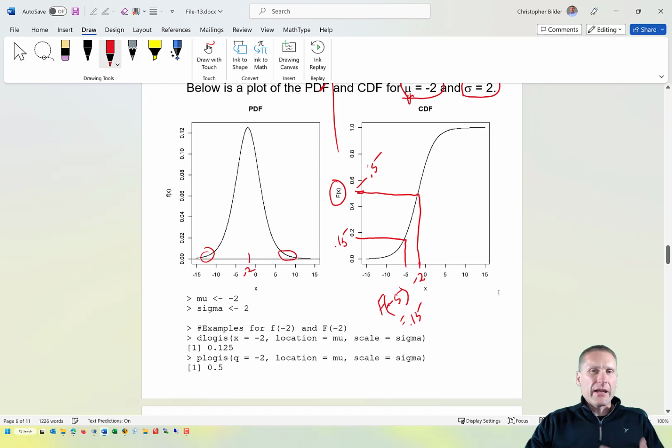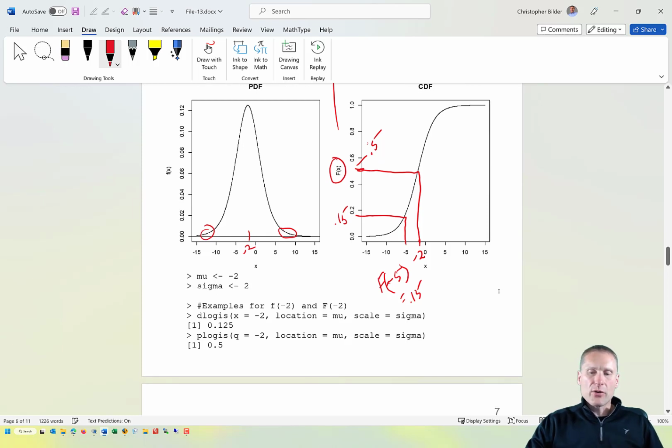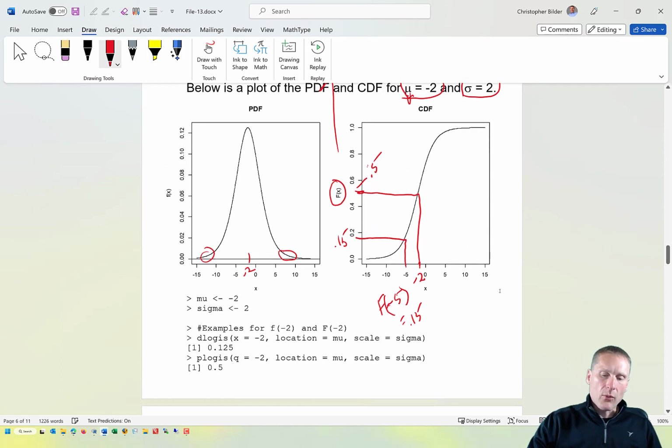Now, you can look at my code on your own. I'm not going to expect you to do this in our course, but it shows how these plots are being done. I do want to point out two things here. In order to get my little f of x, I can use the dlogis function, the density of the logistic distribution.